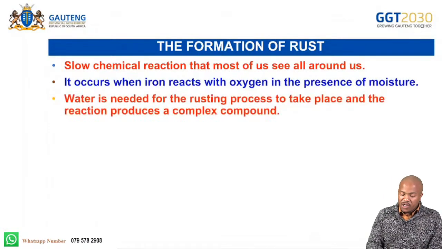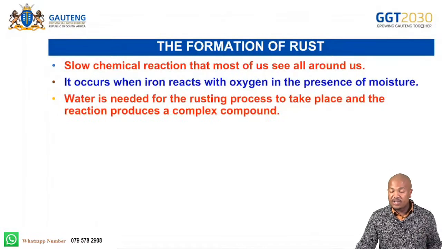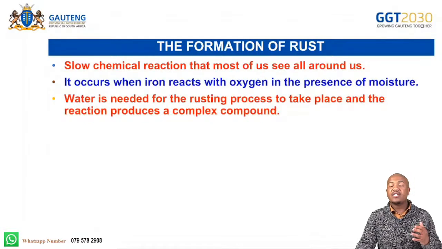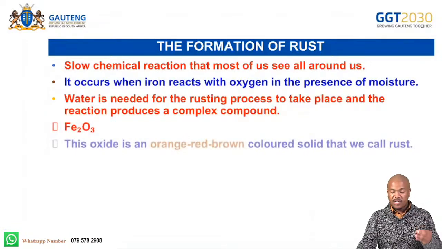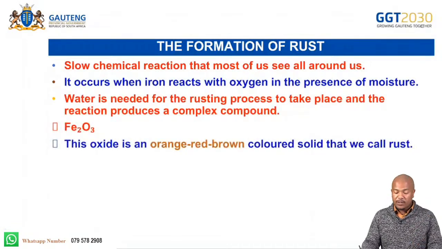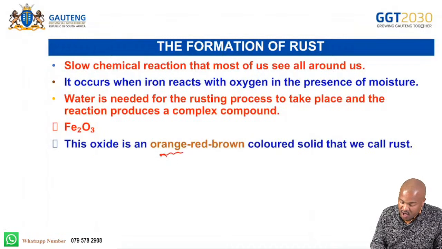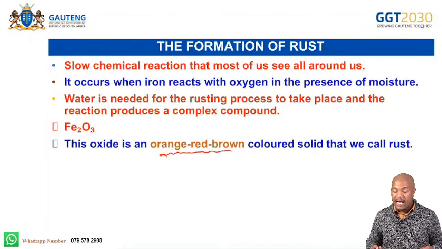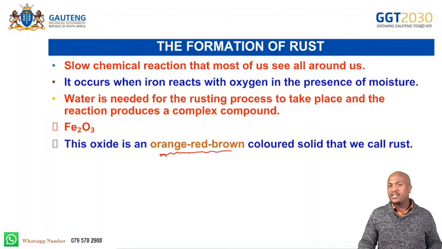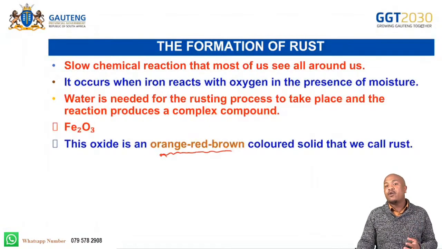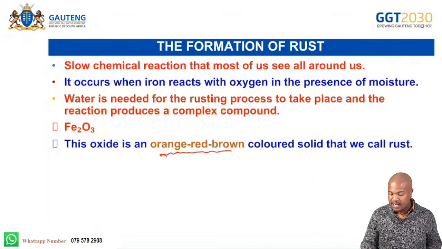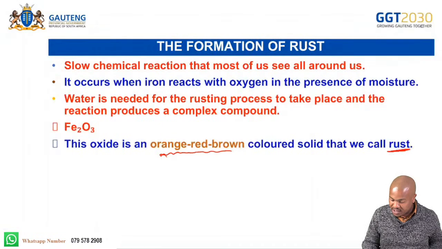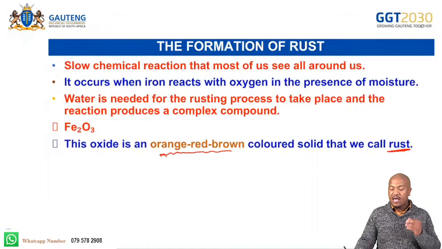So water is needed for the rusting process to take place, and the reaction produces a complex compound which is rust, containing an orange, red, brown color. This oxide has resulted from the reaction of iron with oxygen, and that orange, red, brown color that we see on metals, we call it rust.